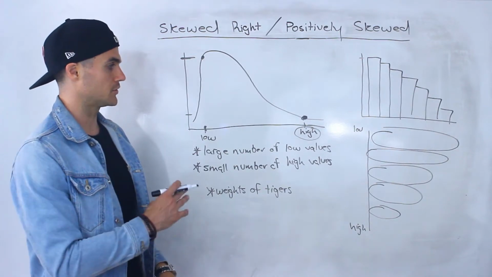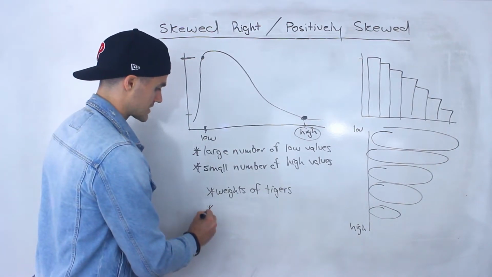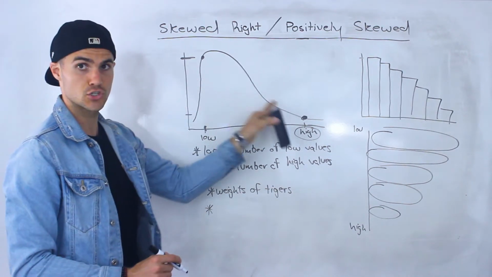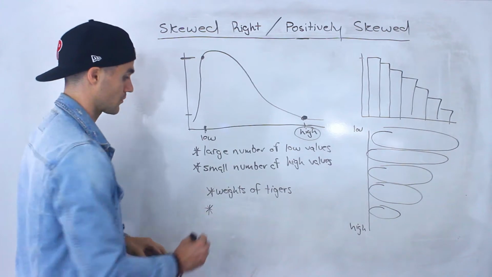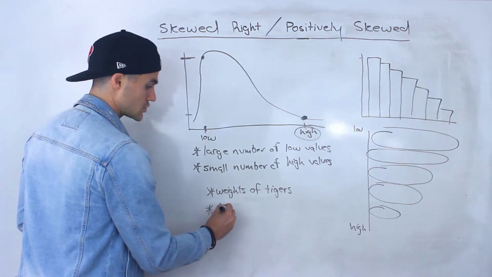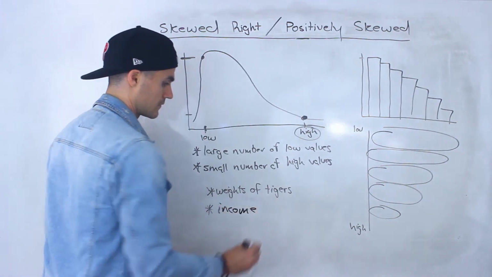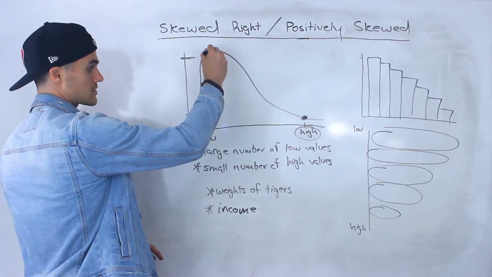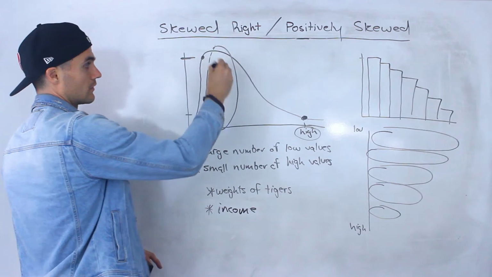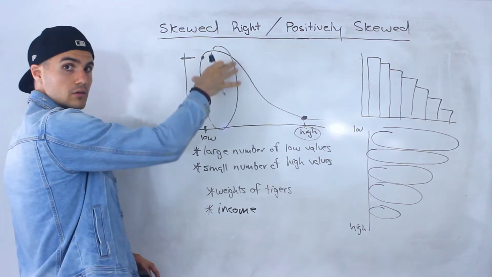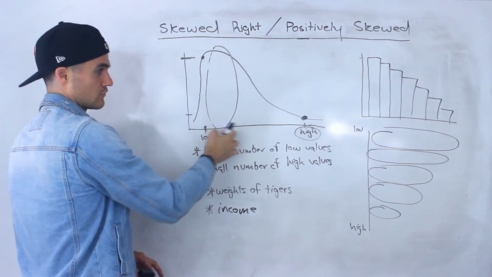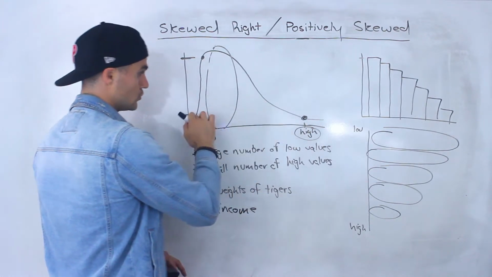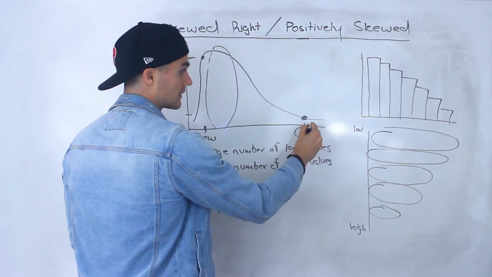Actually, a very popular real-life set of data that has a positively skewed distribution, or skewed to the right, is the average income. The average household income. Most household incomes are going to be around here. They're going to have these sort of lower to average values, while you're going to have a few number of people that have an extremely high income.